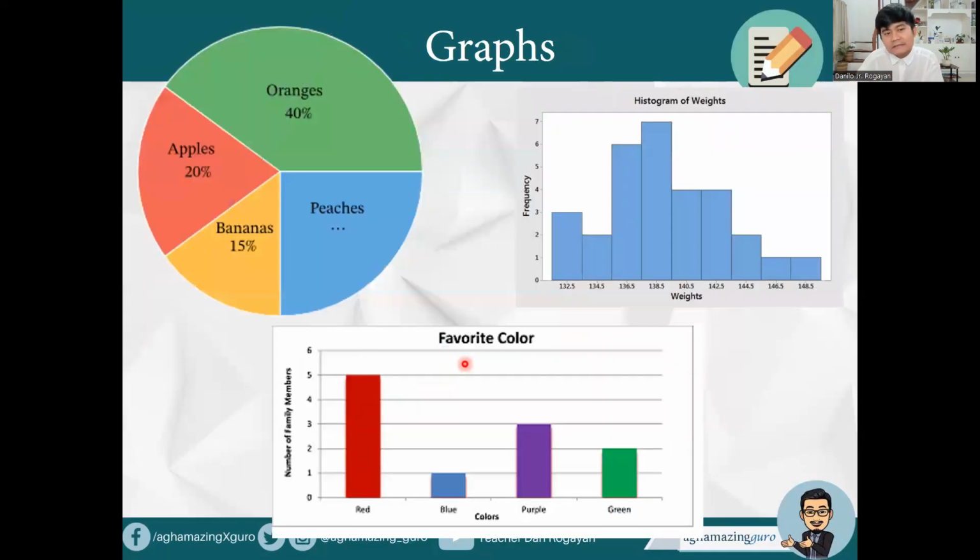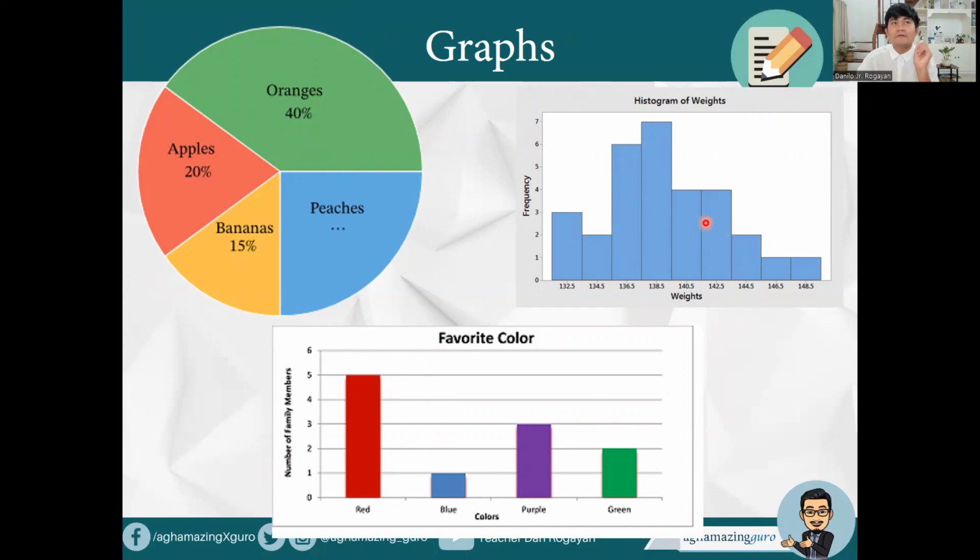Other graphs, you can see here the pie graph or the circle graph. You can see the pie in terms of percentage here. You can also see here an example of a bar graph, which makes use of rectangles to represent the data. And of course, we have here an example of a histogram. Usually the histogram represents the frequency distribution.